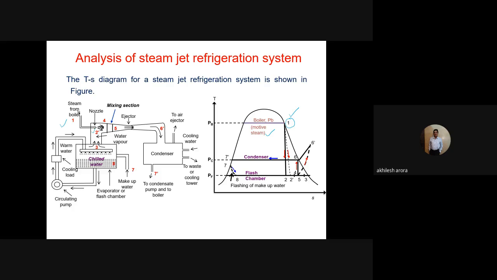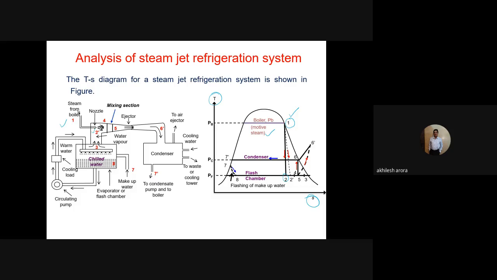And once it passes through the nozzle, you know what happens in the nozzle? In the nozzle, the pressure drops and it gets converted to kinetic energy. Basically when the pressure drops, the process here, you can see, is on a TS diagram. If it is an isentropic expansion, the expansion in the nozzle will take place from 1 to 2.